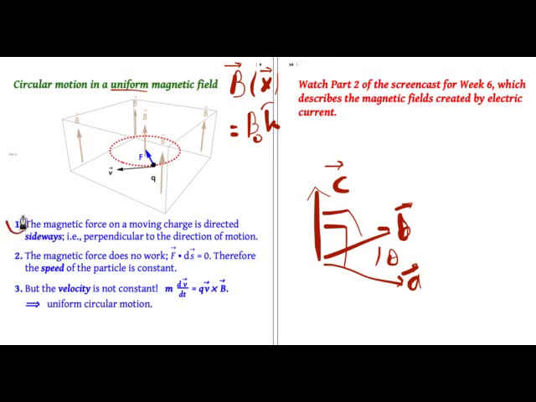Here's how to remember it. The magnetic force on a moving charge is sideways. The direction is sideways. That is, it's perpendicular to the direction of motion. So the velocity is in this direction. The force is perpendicular to that. It's also perpendicular to the magnetic field.